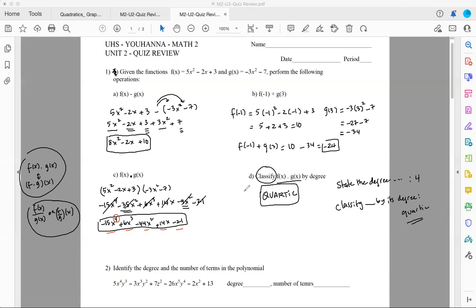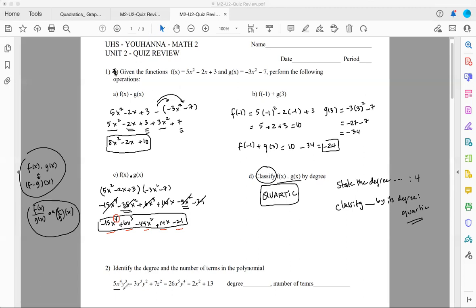So before the second part, still the second question of the first part, it says identify the number of terms. Now we're talking about number of terms. Identify the degree and the number of terms in the polynomial. So first of all, how many terms? Terms are easy to identify.